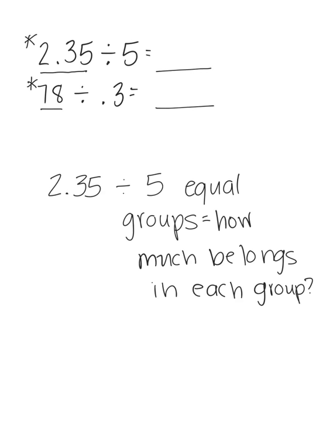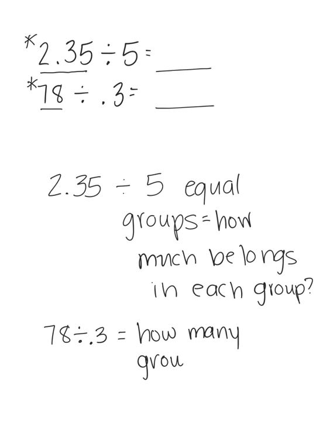With the other equation, 78 divided by 3/10, I'm taking 78 and dividing it into groups of 3/10, and I'm trying to figure out how many groups I have. And that is the purpose of division.